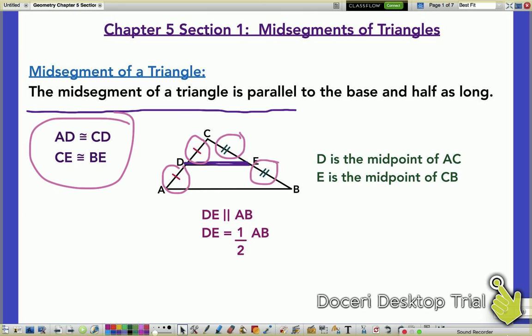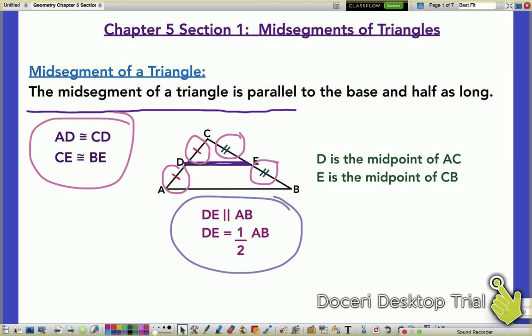They're not congruent to, so BE is not congruent to CD. Just one side, if you split it in half, is congruent to each other. Okay? And then this is another important piece of information. Like I said, the midsegment is half the base, okay, and it is parallel to the base.